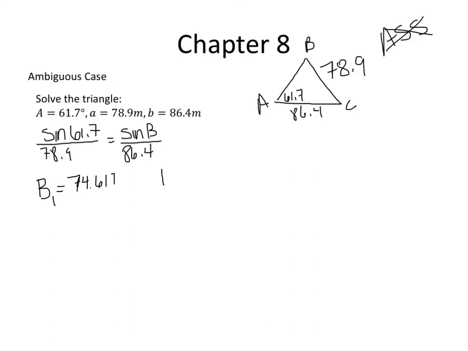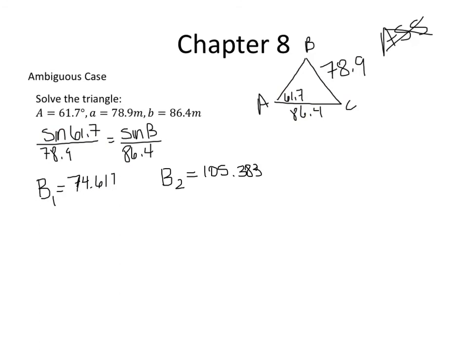I then have to calculate a B sub 2. Now remember, B sub 2 is just the supplement, so 180 minus B sub 1, and I get 105.383. Please notice that I did not write any of these values here.